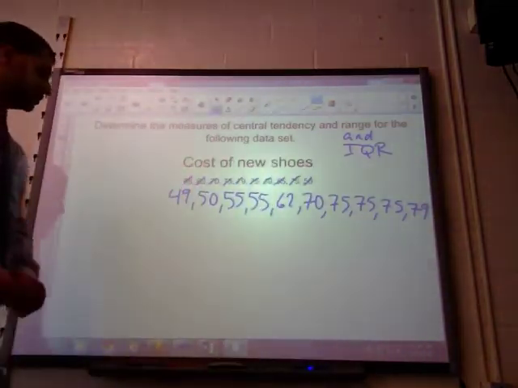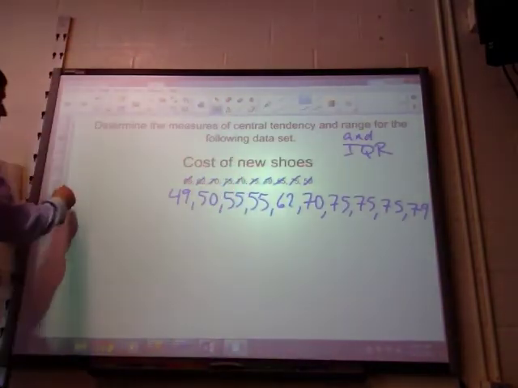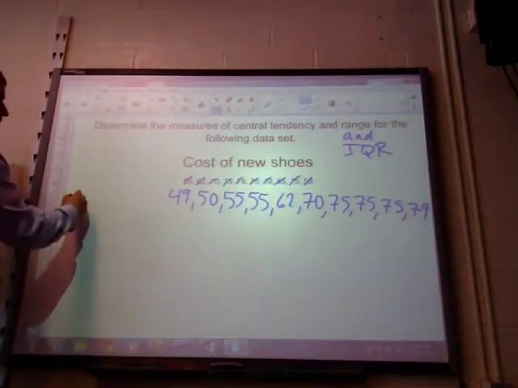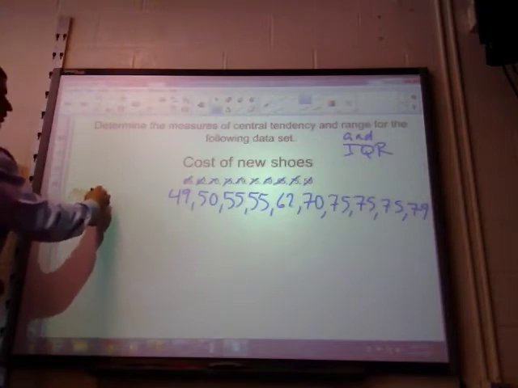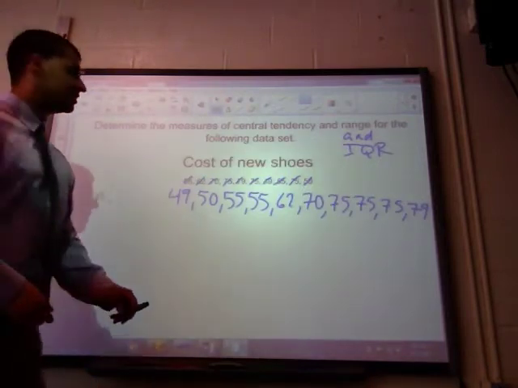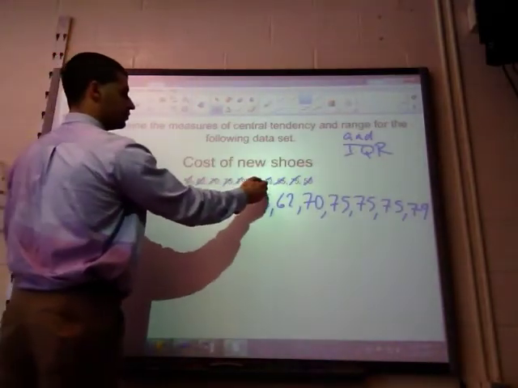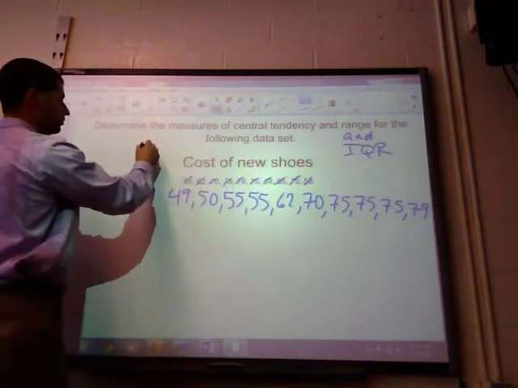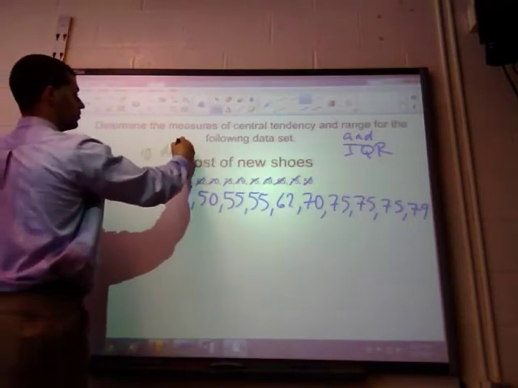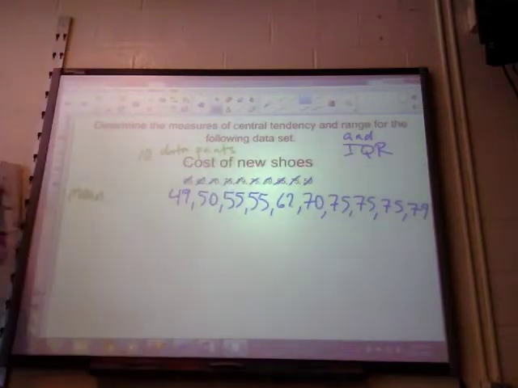All right, so I'm going to first find my mean. For my mean, I've got to add up all these numbers and divide by 10, since I have 10 data points. So why don't you try it as I do it?